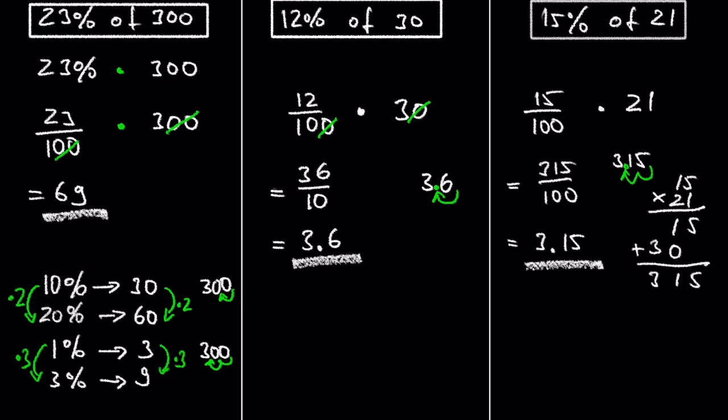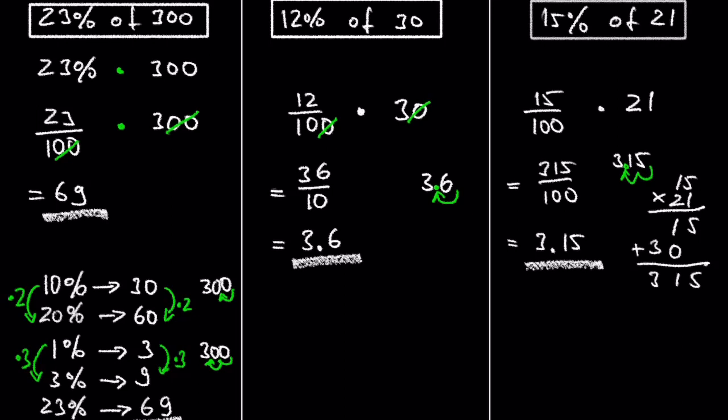So now we have 20% is 60 and 3% is 9. So then 23% is 60 plus 9, which is then 69. So 23% of 300 is 69.